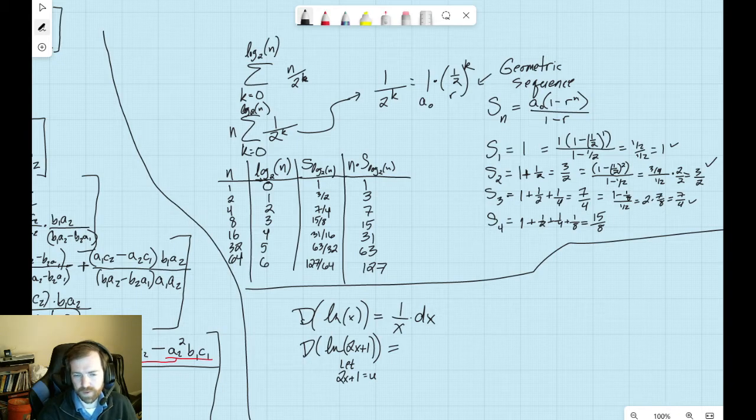Let 2x plus 1 just be u for a moment. Not u, but you know what I mean. So here, we're taking the derivative of the natural log of u, which is going to be equal to 1 over u times the derivative of u.